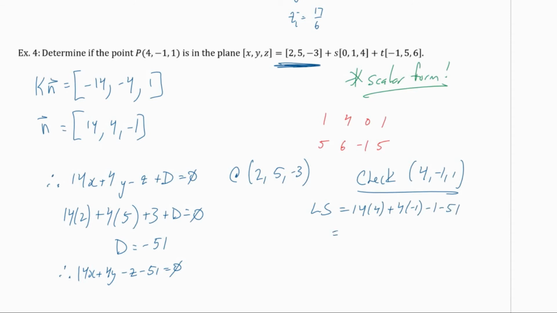And that looks like 0. And the right side was obviously 0, left side equals right side. Therefore, the point P is in the plane.